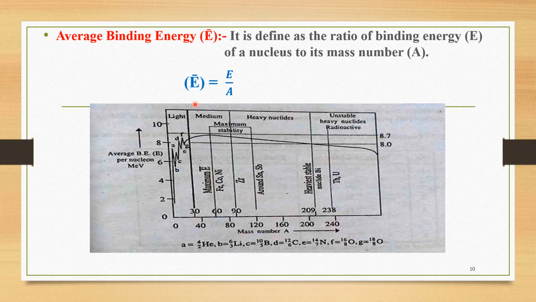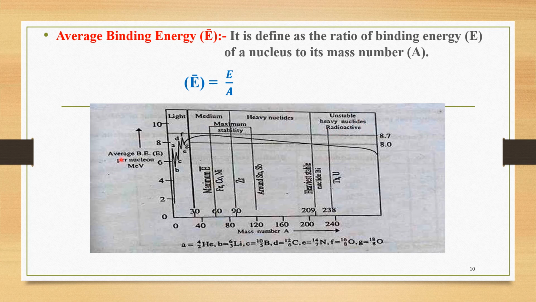So if we plot a graph of average binding energy per nucleon versus the mass number, we get such a nature in the graph in which we get different regions. Depending upon the mass number, the nuclei are classified as light nuclei, medium nuclei, heavy nuclides and unstable heavy nuclides.